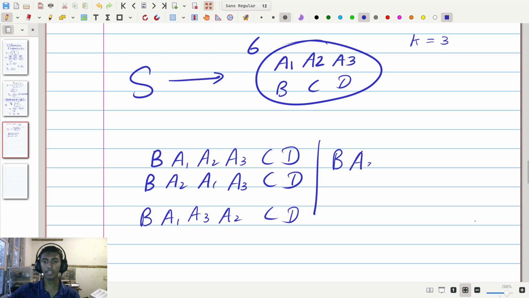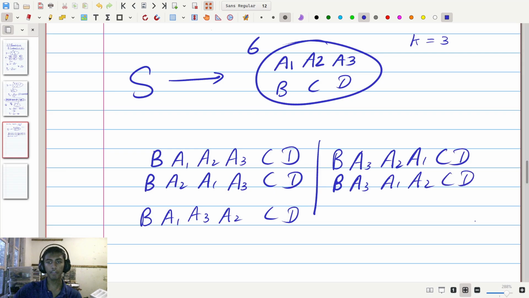So let's make this A3, A2, A1, C, D. Another one could be B, A3, A1, A2, C, D, and I have missed one. A2, A3, A1 I have missed. So we have B, A2, A3, A1, C, D.